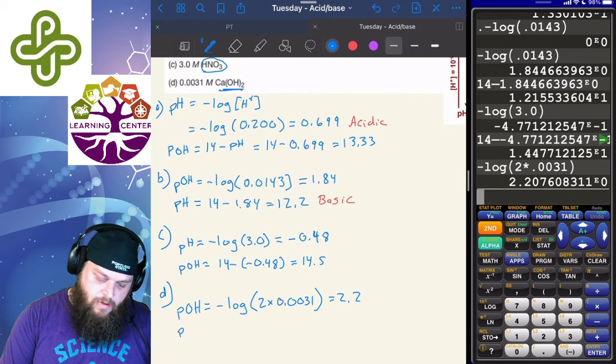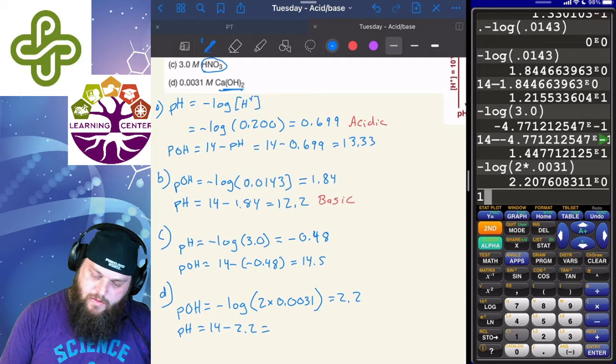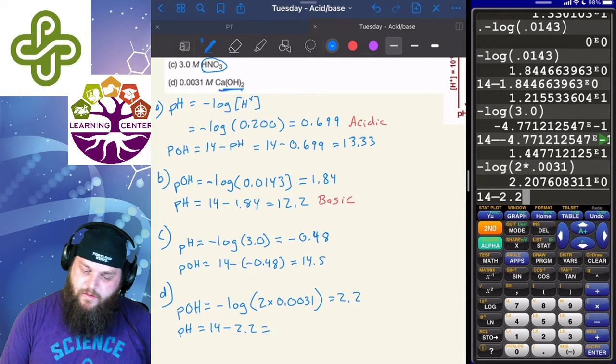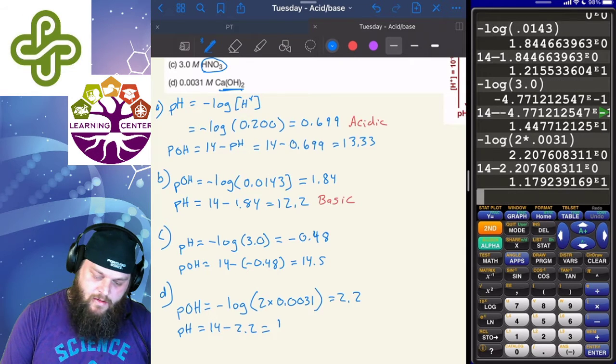The pH would be equal to 14 minus 2.2. I hate rounding errors, so I always grab the last number from my calculator, and that's 11.8.